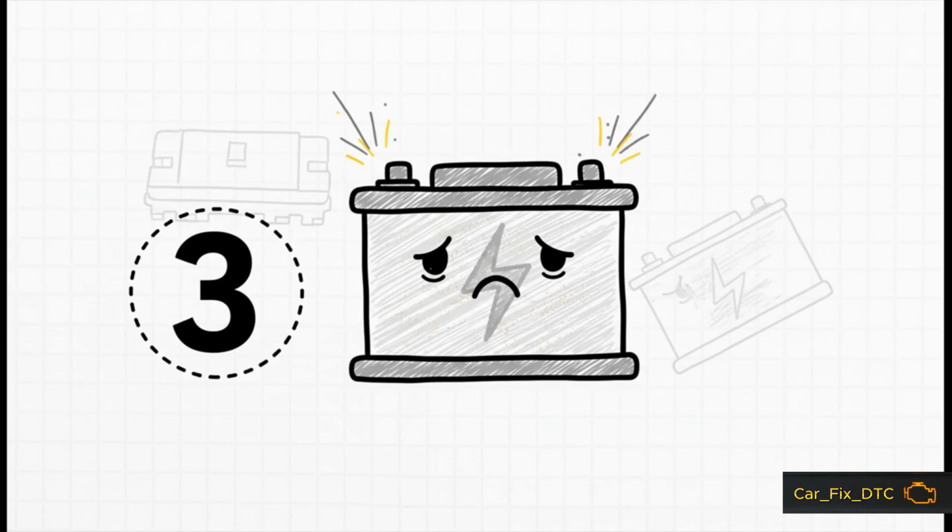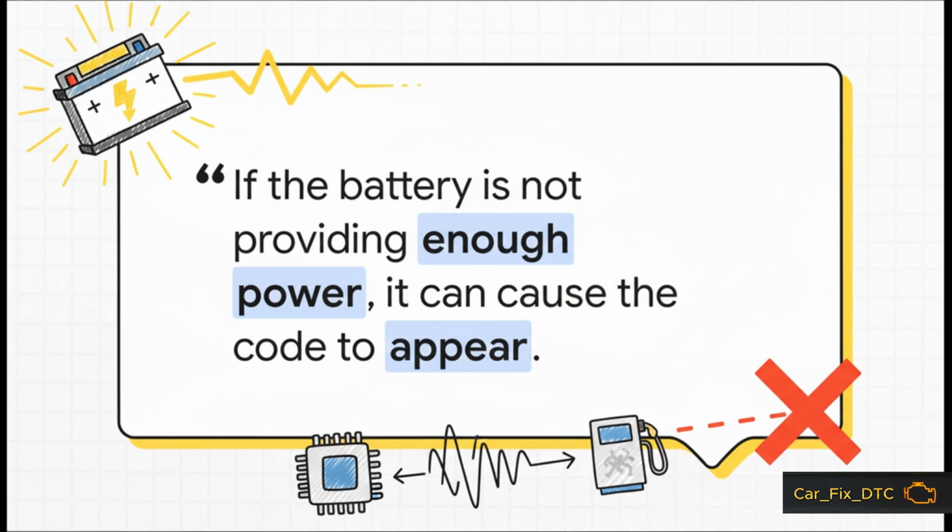Now for our third suspect, and this one might actually surprise you. It's a weak battery. You know, sometimes the most complicated sounding problems have the simplest solutions. Your entire electrical system depends on a good, steady supply of power. This right here is a huge piece of evidence. If the battery isn't providing enough juice, all those sensitive electronics, like the fuel pump control module, can start to act, well, glitchy.